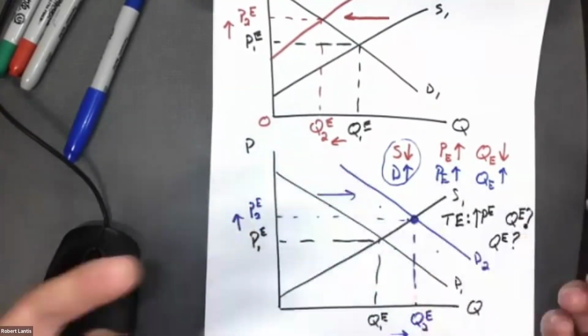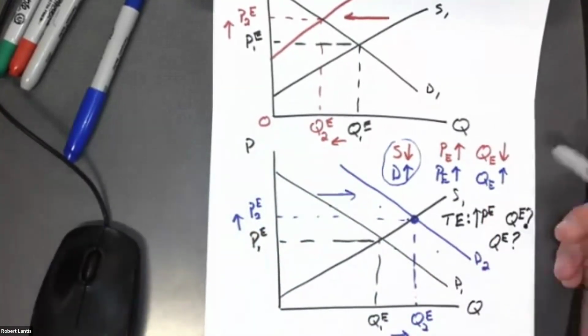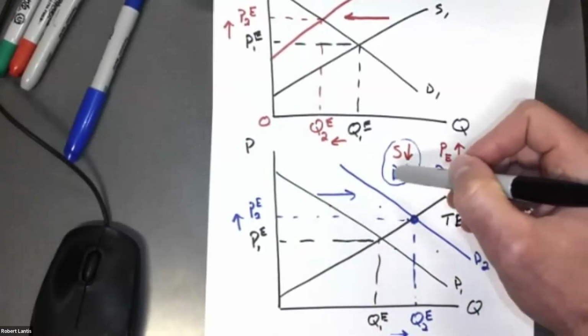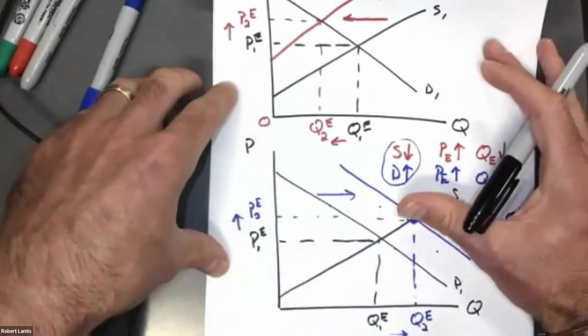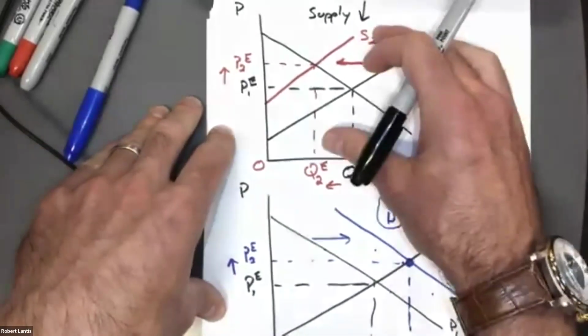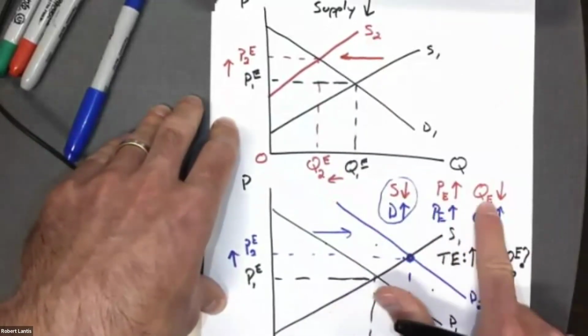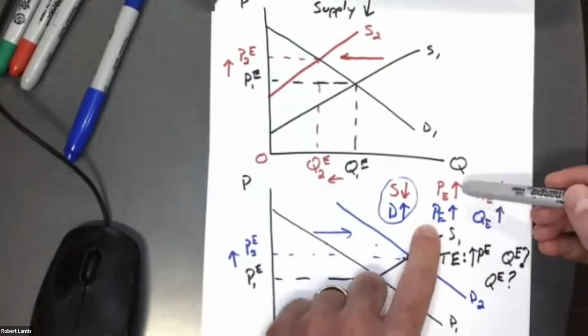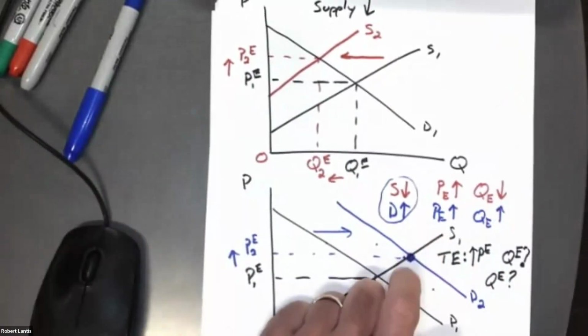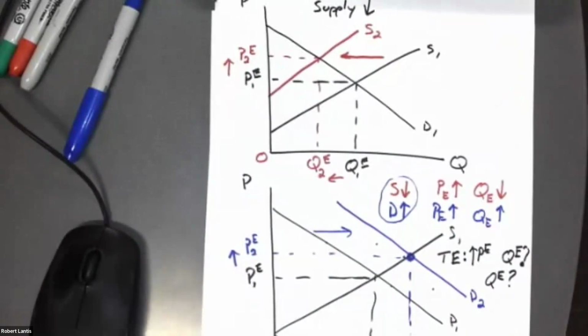And then there's four different combinations: I could have both of them increase, both decrease, supply decrease and demand increase, or demand decrease and supply increase. All those different combinations, you would solve them the same way. Draw out each shift, determine what impacts each shift is having on price and quantity, and then look and say, okay, if they're both pushing price or quantity in the same direction, I know what's going to happen to the new equilibrium.